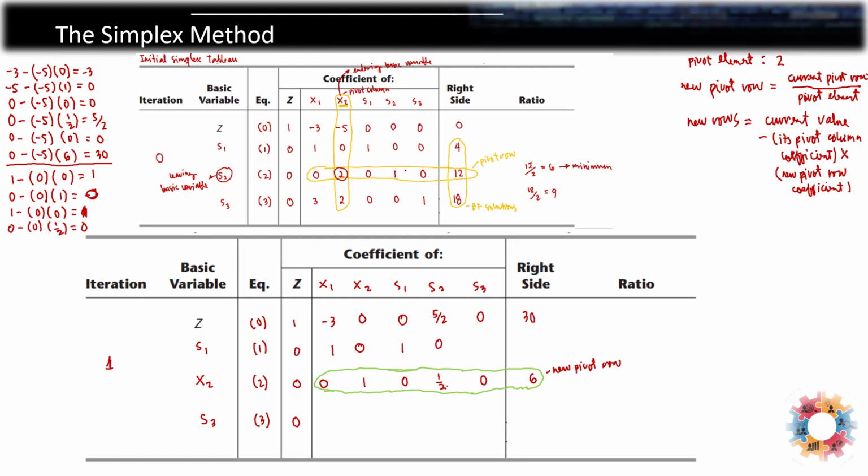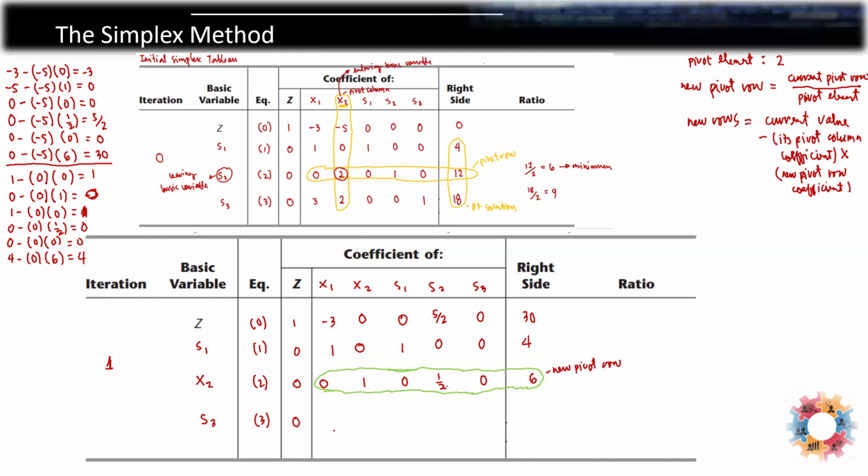And then 0 minus 0 times 0 equals 0. So this is 0. And then 4 minus 0 times 6, that's equal to 4.